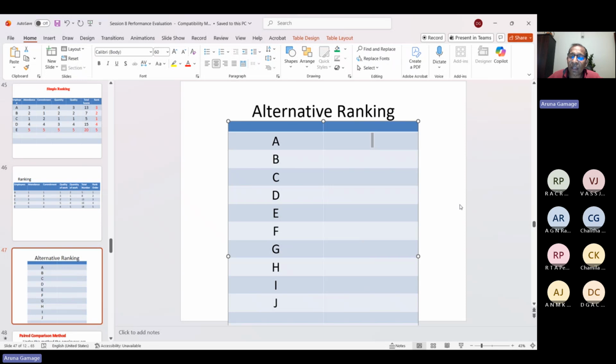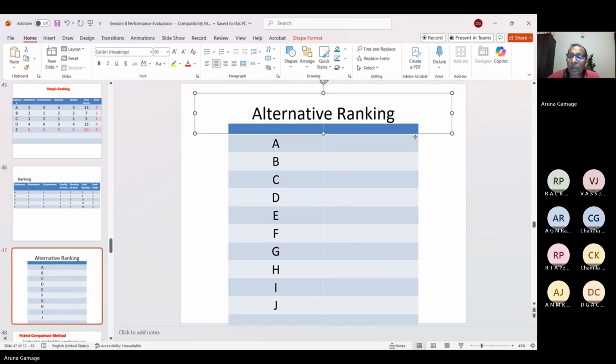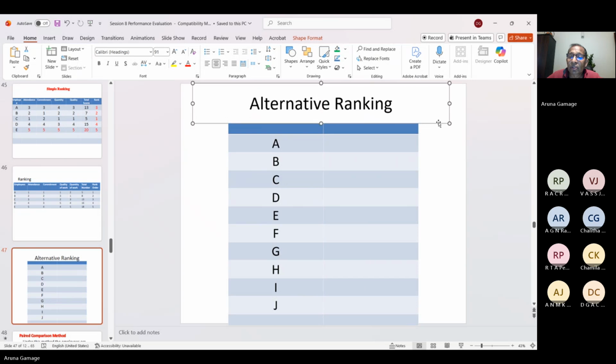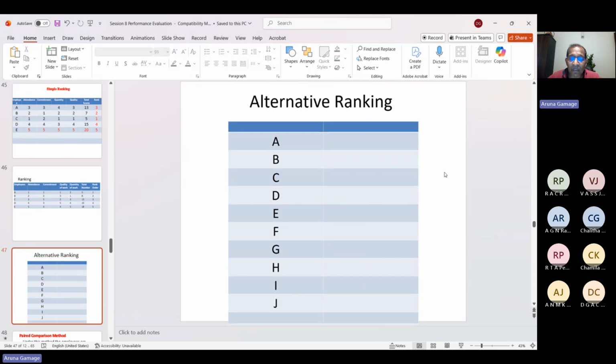In alternative ranking, we first consider the best employee and the worst employee among all. First, we decide the best employee and the worst employee. The best employee is recorded on the top of the list.